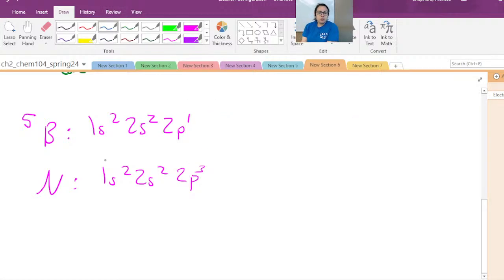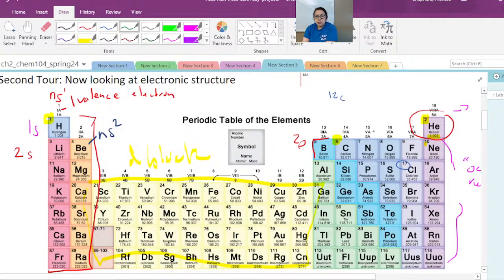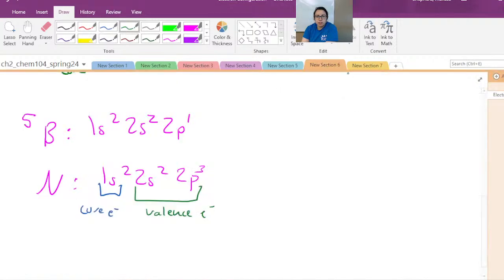Let's again define these as our core electrons, and our valence ones are our outermost, so both of these on the 2s and the 2p. We can add them up: 2 plus 3 is 5, and that matches the 5 number here, so that tells us we have 5 valence electrons. That's also good information.